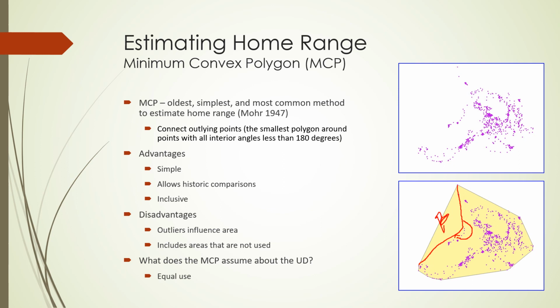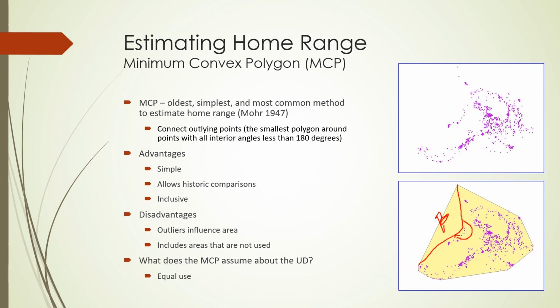Disadvantages is that the outliers really influence the estimate of home range. If you have one outlier, that can really cause your home range area to increase greatly. And as we talked about, it's going to include areas that are really not used at all by the animal in many cases.